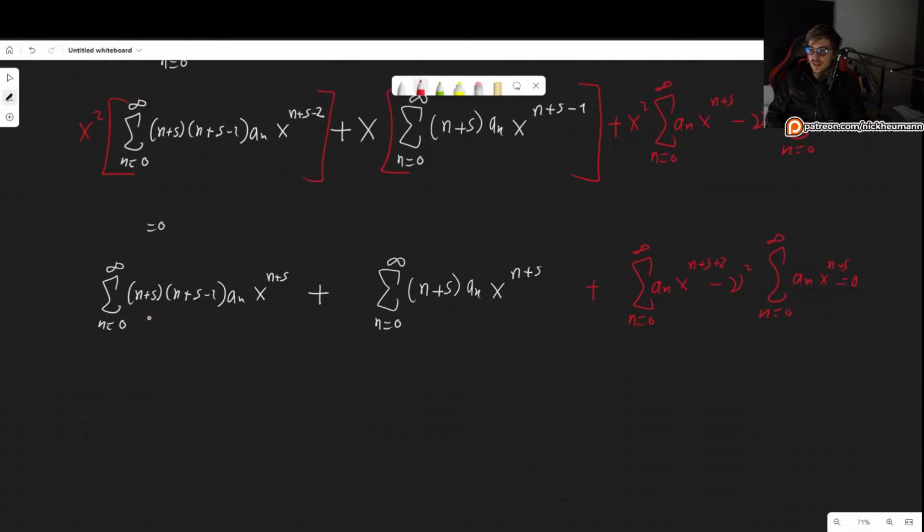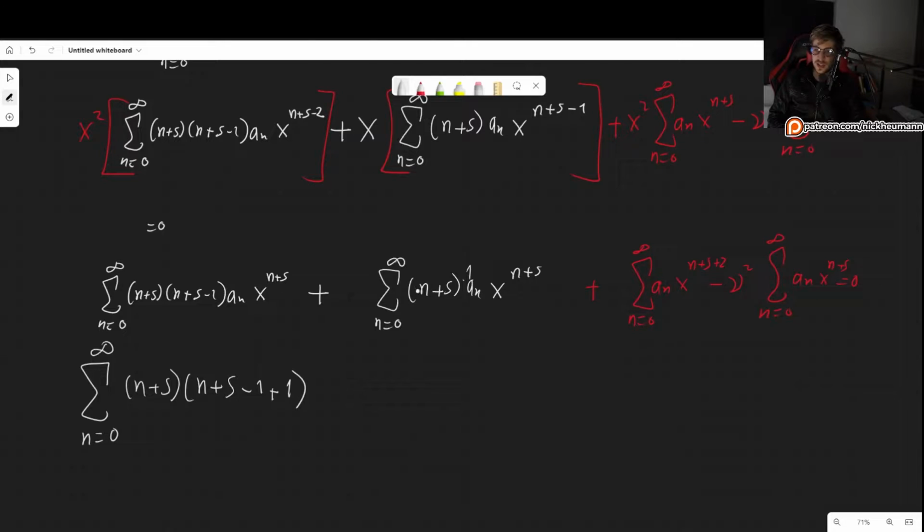Okay, now notice that these two sums have the same constants here, and they also have n plus s. So let's group them up together. So we get sum from n equals 0 to infinity, and then we have n plus s, and then we can factor it out. So we get a factor of n plus s minus 1, right, from here. But then we have another one. This is n plus s times 1, so we get plus 1.